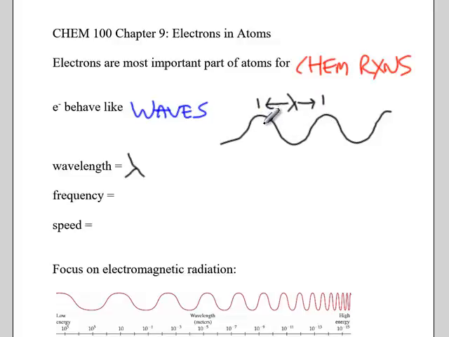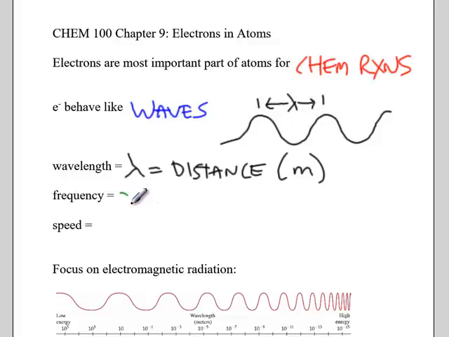So from the peak of the first to the peak of the second, that distance is the wavelength. Because we're talking about a distance, we will be measuring this in some form of meters. Could be nanometers, picometers, depending on how big or how small the wave is.